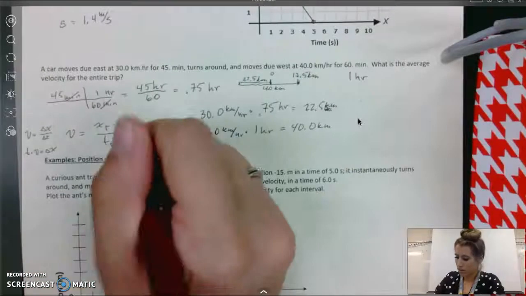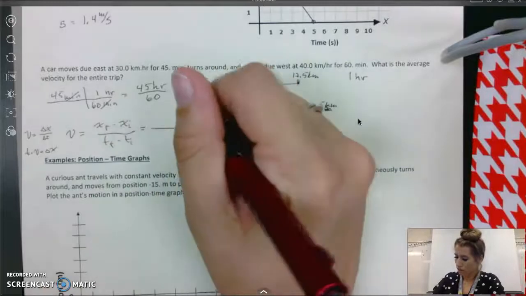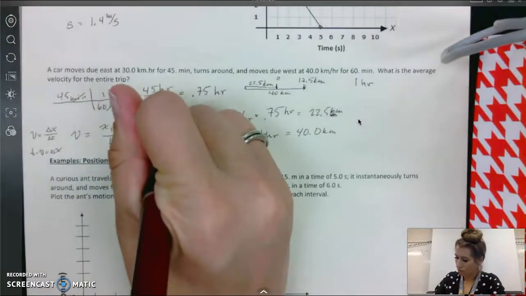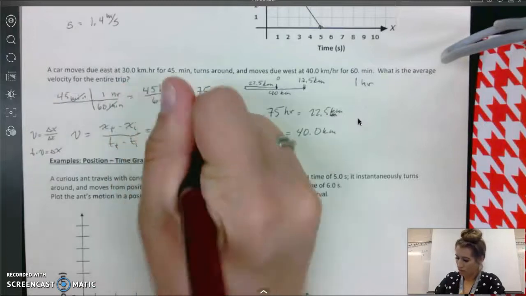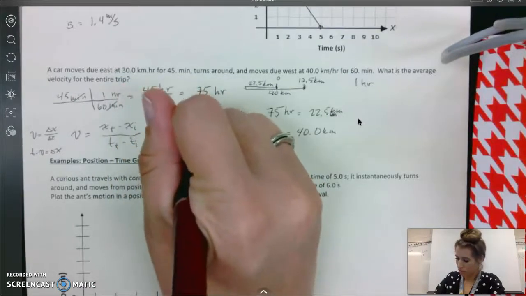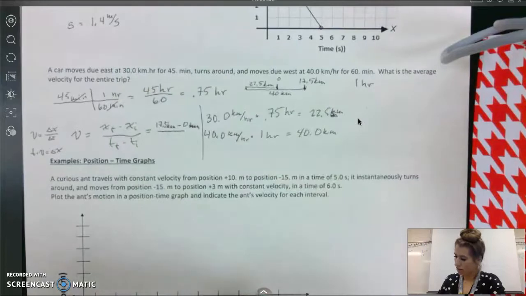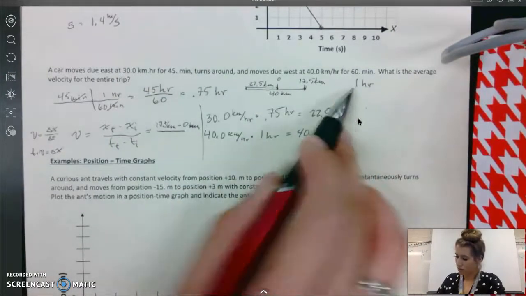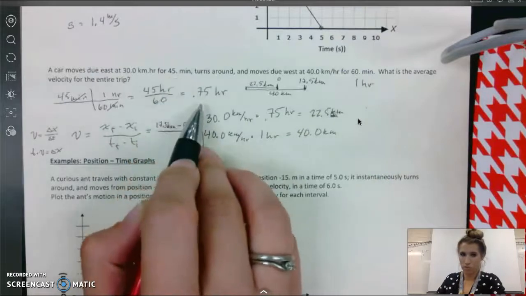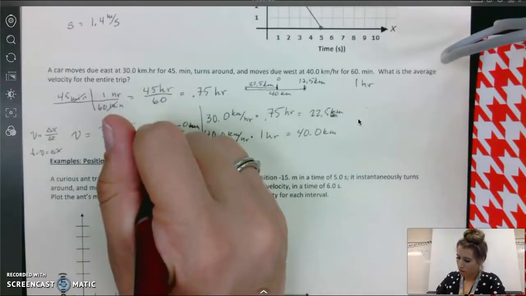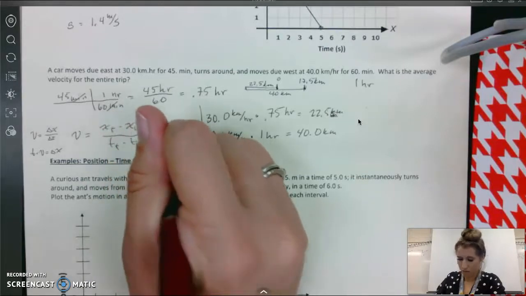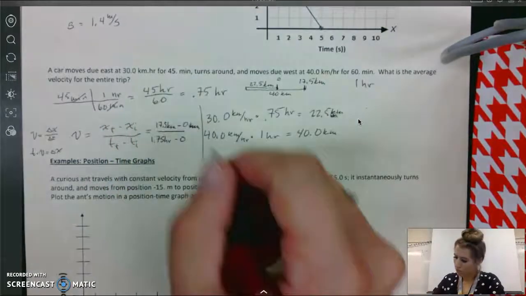So x final was 17.5 kilometers, x initial was 0, and then time final was 1 hour plus the 0.75, so it was 1.75 hours minus the initial, which is 0. We just started off at time 0.